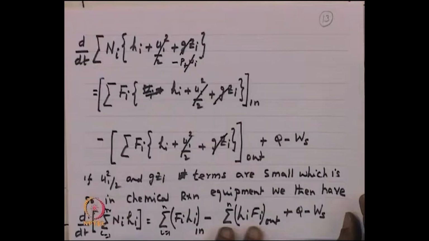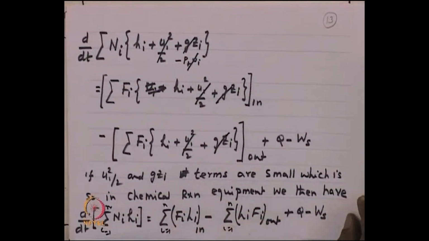We want to see how our equations help us understand what goes on in different systems. We said that our energy balance equation is: d by dt of Ni Hi summed over all species equals Fi Hi input summed over all species, minus Fi Hi output summed over all species, plus Q minus W.